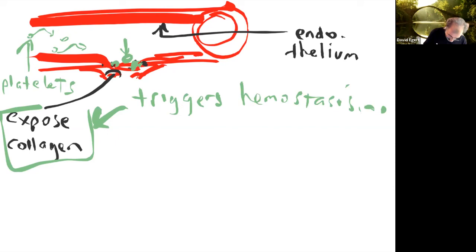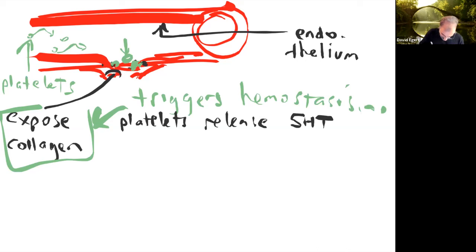Actually, the platelets release serotonin, 5-HT, and this causes vascular spasms.